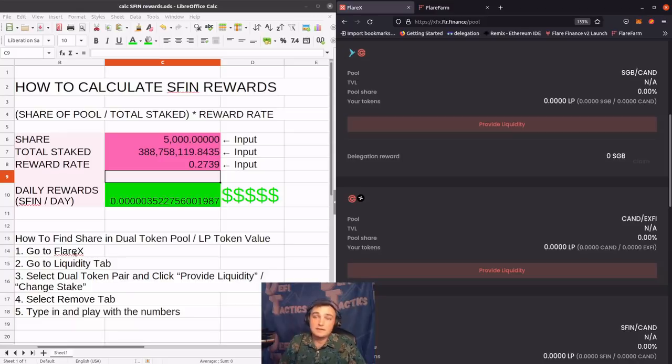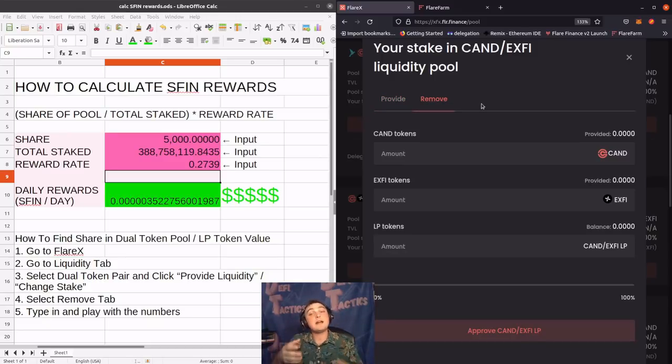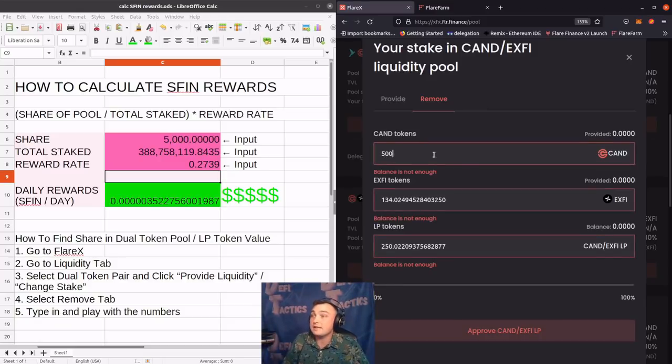We're going to go through the steps and we're going to go to FlareX, go to the liquidity tab. We're going to select the Canary dollar EXFI dual token pool, and we're going to click the provide liquidity in this case. We're then going to go to remove, and remember, since we're providing 50% value in each token and we have $1,000 that we're trying to input into this liquidity pool, when we're figuring out how much liquidity pool tokens we'd actually get, we can use the Canary dollar as our basis and input 500 Canary dollar into that field, and it'll auto-populate how many EXFI tokens we will need and ultimately how many liquidity pool tokens we will receive.